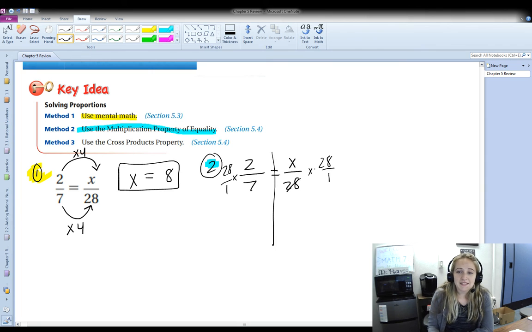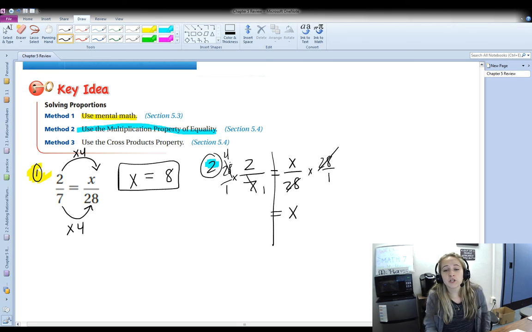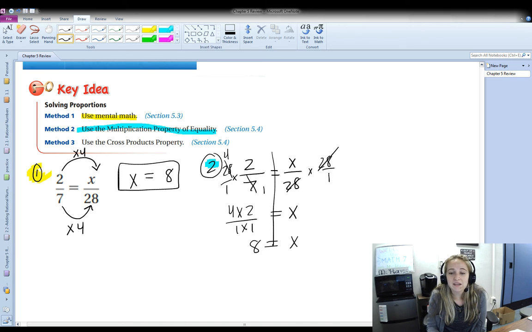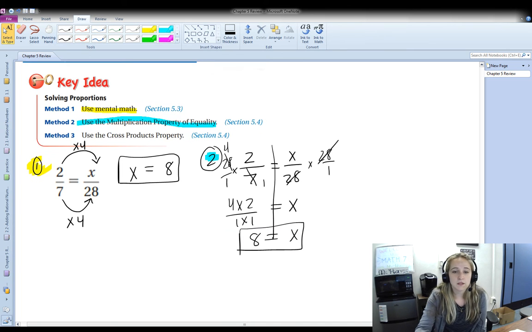And when you do that, these cancel out. We're left with x equals. And then look over here. Can we cross cancel on the left? Yeah, we could divide both by 7. So that's going to give me 4 on top, 1 on the bottom. So 4 times 2 over 1 times 1 is just going to give me 8. Okay, and then look, we got x equals 8 there as well.